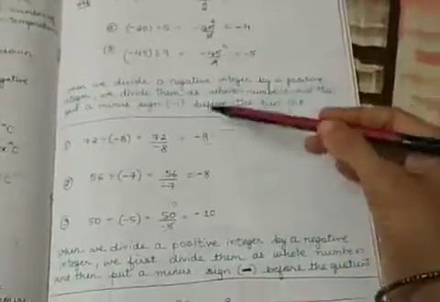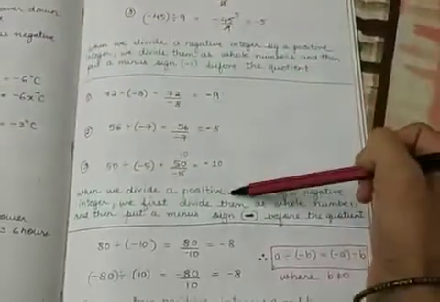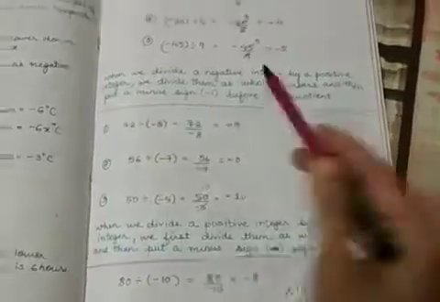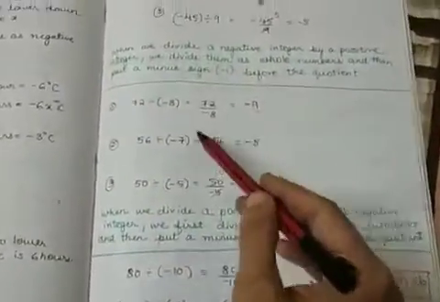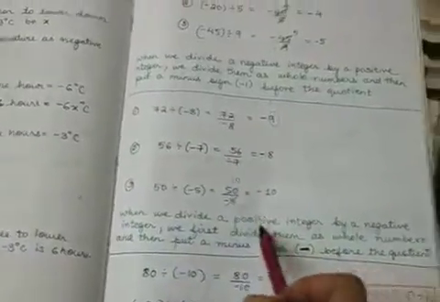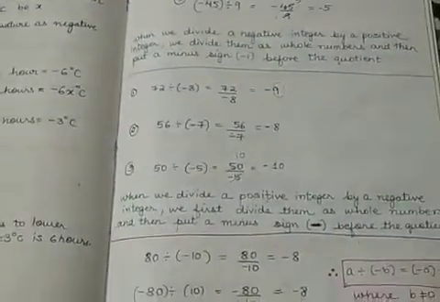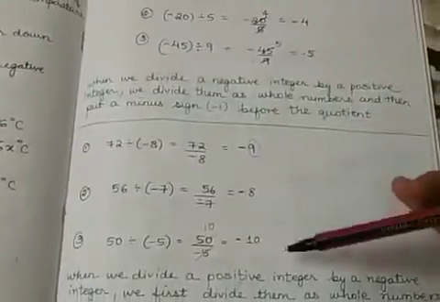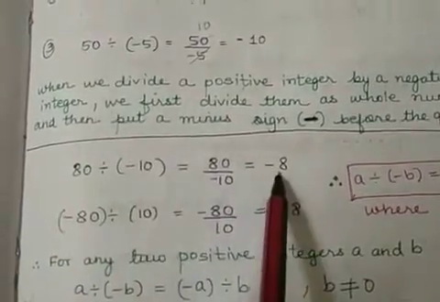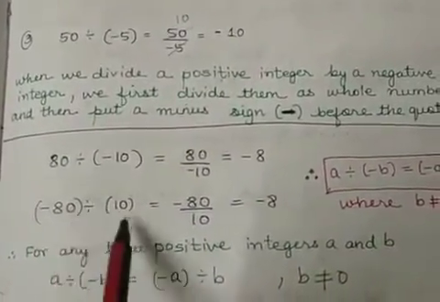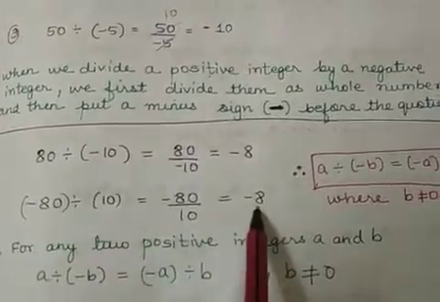Now if you look at both the cases, you see if one of the integers is negative, then when you divide, the quotient will have a negative sign. In both the cases it is the same. For example, 80 divided by minus 10 is minus 8 and minus 80 divided by 10 is also minus 8.